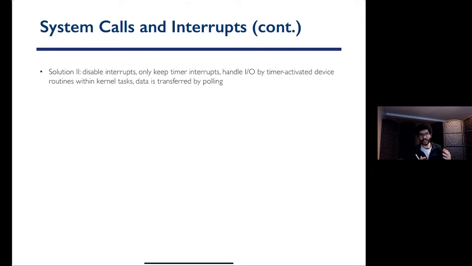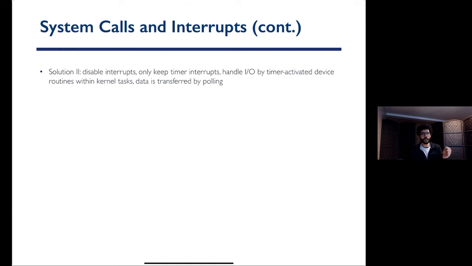Previously, my interrupt handlers were the ones responsible for handling any interaction with the devices. Now that I'm disabling interrupts, I'm not going to have interrupt handlers, so I can have these routines go and poll different devices, and then I can frequently poll them. So I can set a timer and every, let's say, 50 milliseconds, go and poll all my devices.